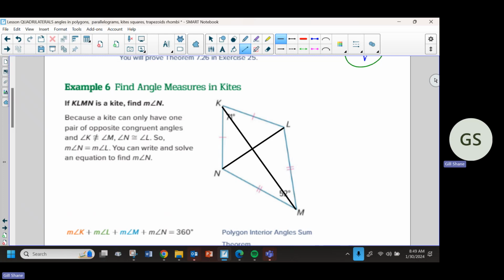We said if we have a right angle, every point on this line, which we called the perpendicular bisector, is going to be the same length from those two endpoints. So if this point K is on that, which it is, it's the same length from N as it is to F. If this point M is on that, which it is, it's the same length from N to L.